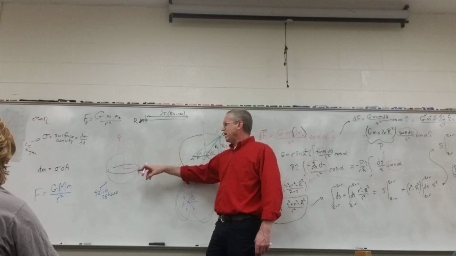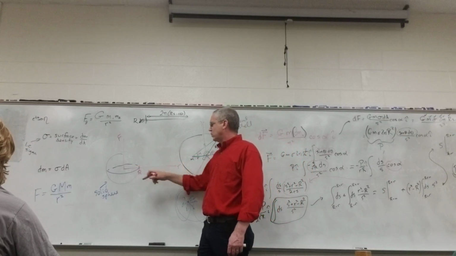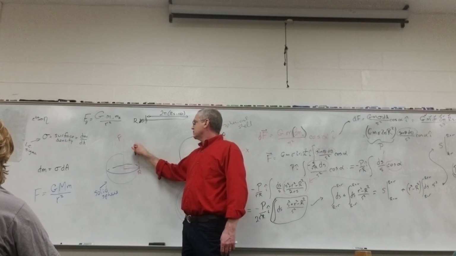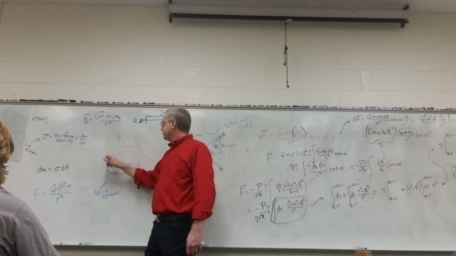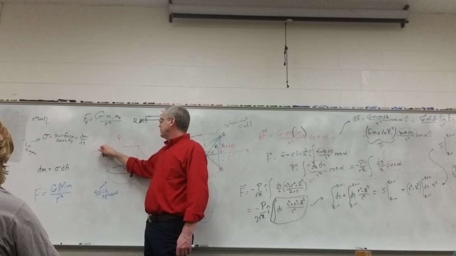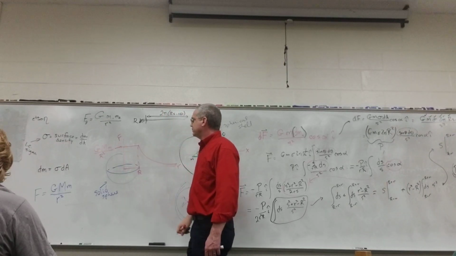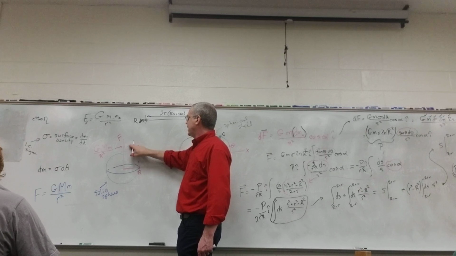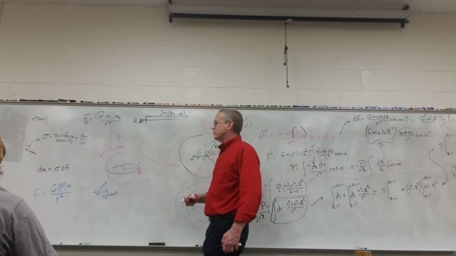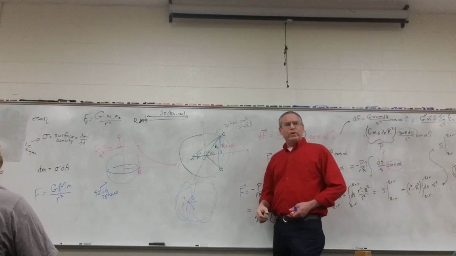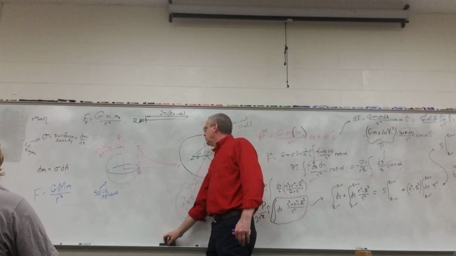So outside of it, I could treat this like a point mass, and so it's just a 1 over r squared relationship, where that point right there is equal to big G, mass of the sphere, mass of the one outside of it, over the radius of the sphere squared. That's that value right there. Oh, I should dot that because that's not actually part of the graph, that's just pointing to what that value is.